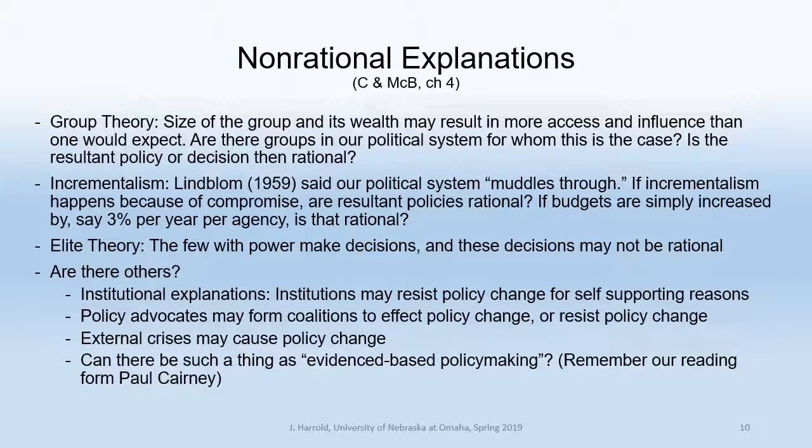Madison argued that ambition should be made to counteract ambition, and that factions will battle against each other, but in the end, we achieve some kind of balance. But group theory tells us that balance doesn't necessarily always happen, right?